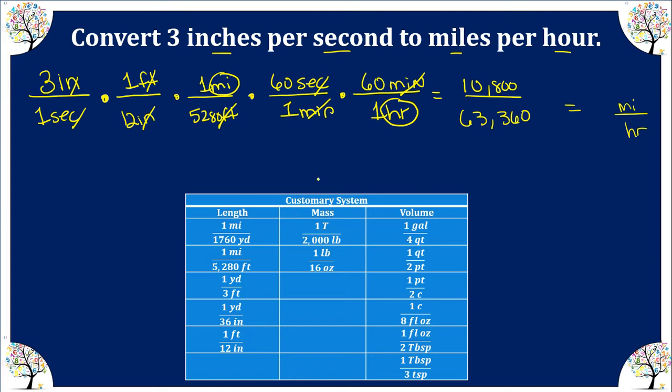And that gives a very strange number, and I'm just going to round to the hundredth. So 0.17 or 17 hundredths miles per hour. So that was a very slow moving object.